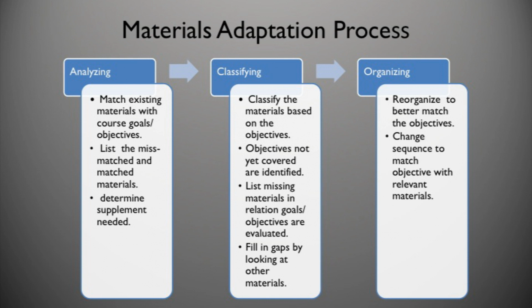The last step in this process is organizing, that consists of several steps. Reorganize to better match the objectives, or change sequence to match objective with relevant materials. Another type of developing material is by material development.